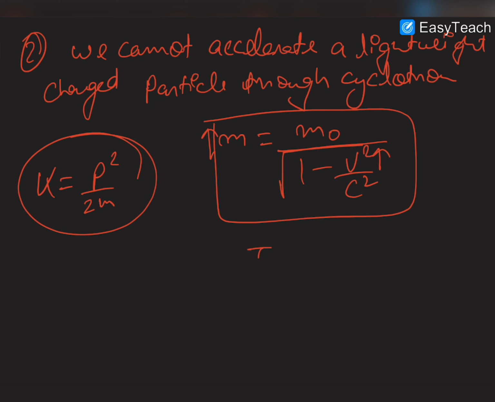And we know that the time period of rotation of that particle is 2 pi m by qB. So if m changes, this T will change, but we know that time period of HFO, which we have already fixed, because HFO is a machine and it would be continuously working on that time period which we have fixed on that machine.